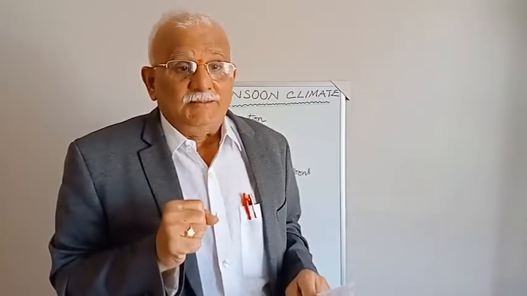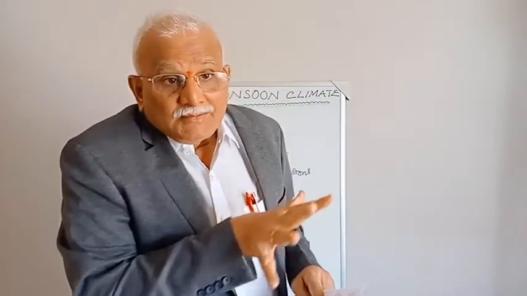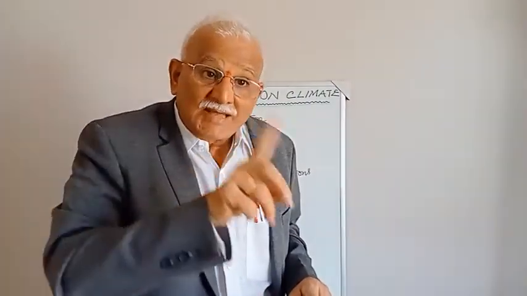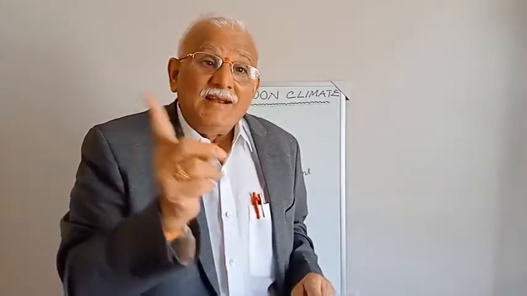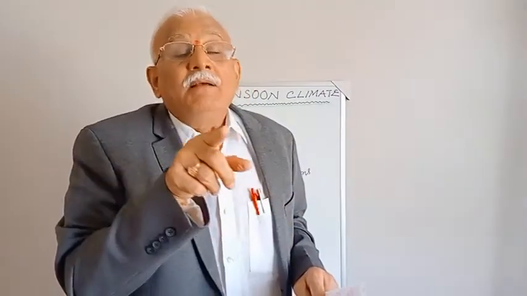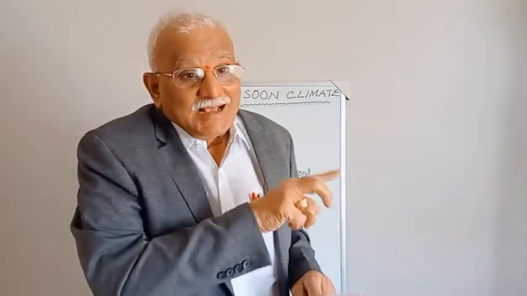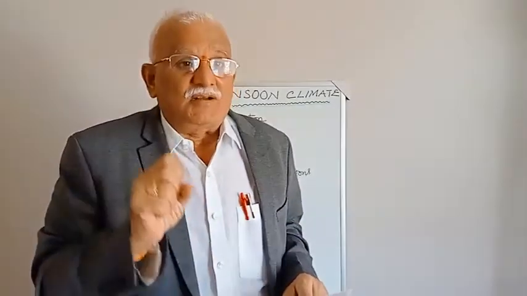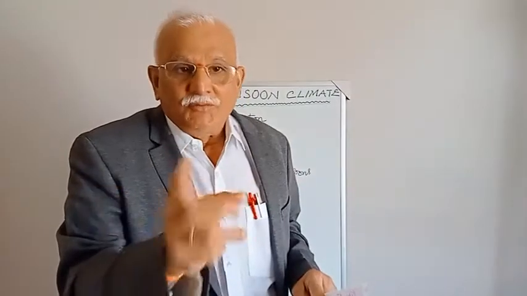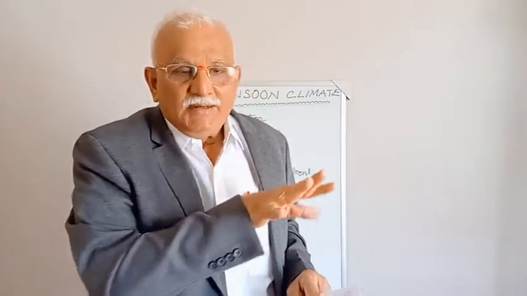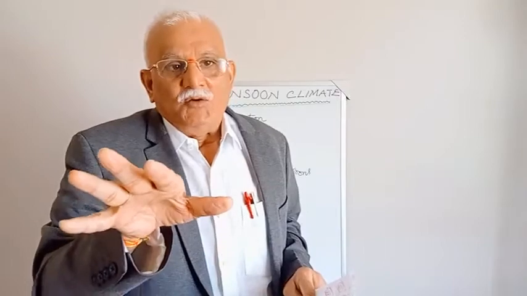The second factor is the direction of the winds that carry rain water, the direction of the winds that carry rainwater in the form of clouds. So these are the 2 characteristics, mountains and the characteristics of the wind.